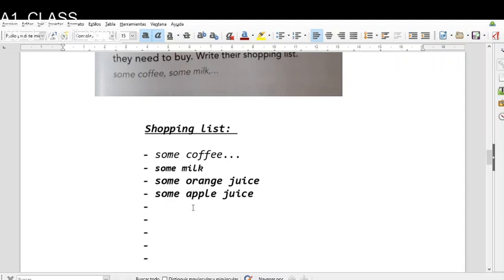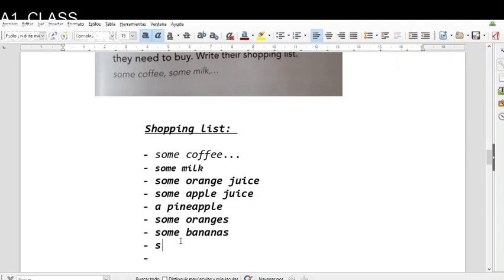Anything else? A pineapple. Yeah, enough. And some 4 or 5 oranges, and some bananas, very good, bananas.